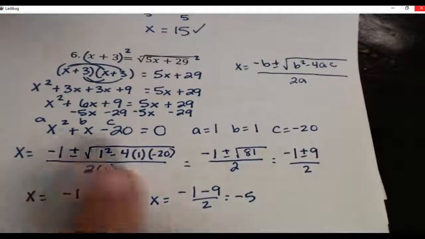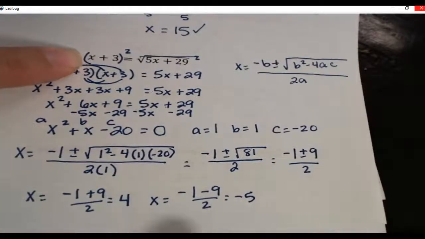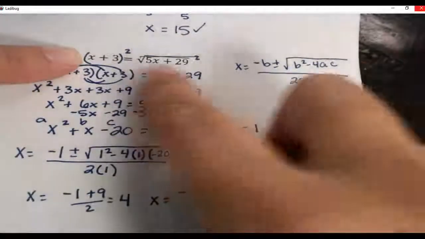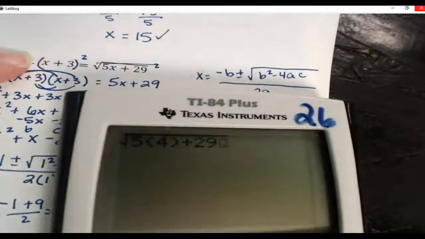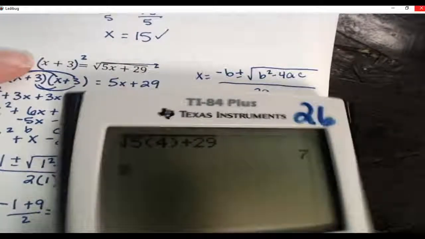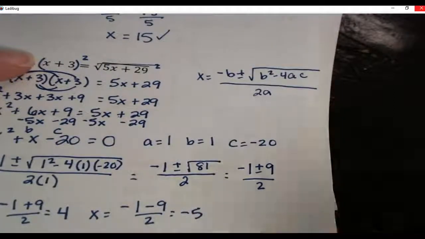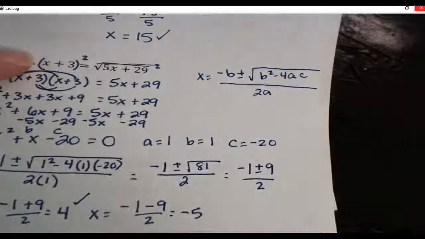But on this one, we have two sides. So the first side, if I'm looking at 4, 4 plus 3 is 7. So I need to see if this other side is going to give me 7. So the square root of 5 times 4 plus 29. And that gives me 7, and that's what I want. So 4 works. And then we check -5.